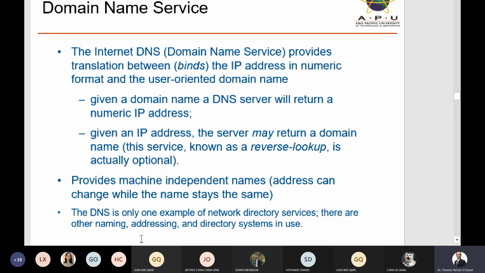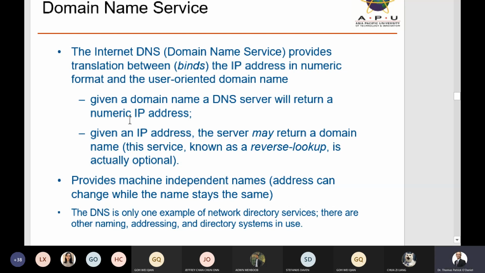So DNS, given a domain name, a DNS server will return a numeric IP address. That's what we call a normal DNS lookup. We call it normal to distinguish it from a reverse DNS lookup, where we say, here's an IP address. What names are associated with it? That's actually an optional feature.